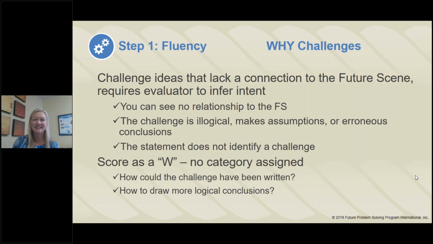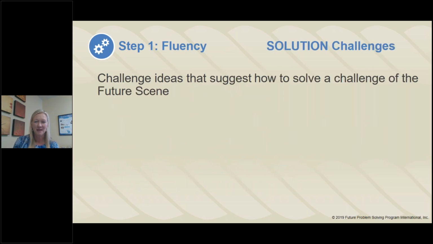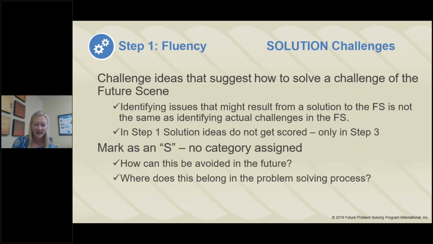All right, the next kinds of challenges that students might make are those written as solutions, and sometimes they get so excited about solving the problem that they try to solve it here in step 1. So the students identify issues that are really solving something rather than saying what the problem is.